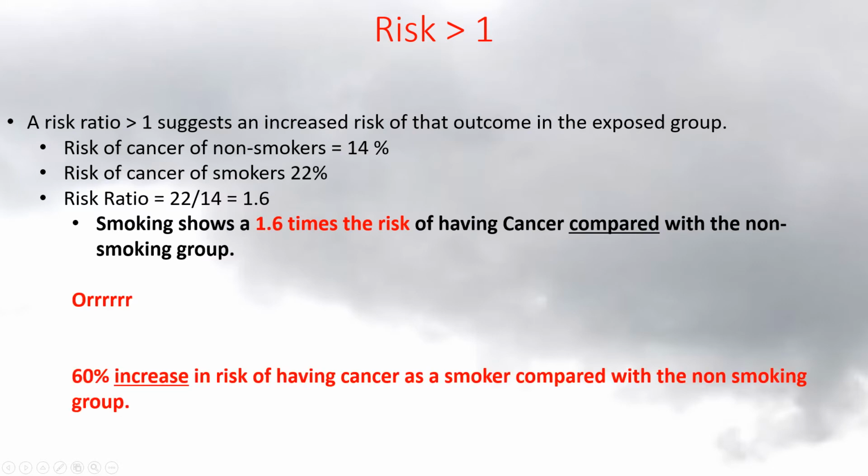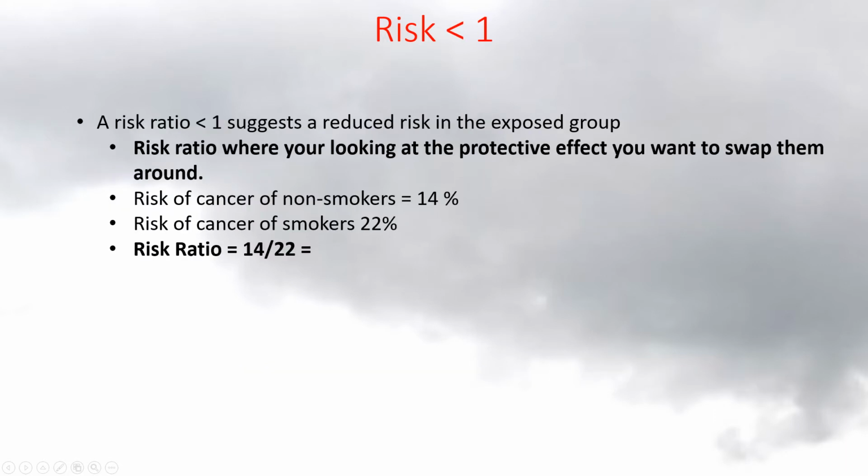Or, and this is important, just note this, a 60% increase in risk of having cancer as a smoker compared with the non-smoking group. That flows across the tongue a little bit nicer, in my opinion anyway. And you can probably guess how I've calculated that. But I'll carry on.